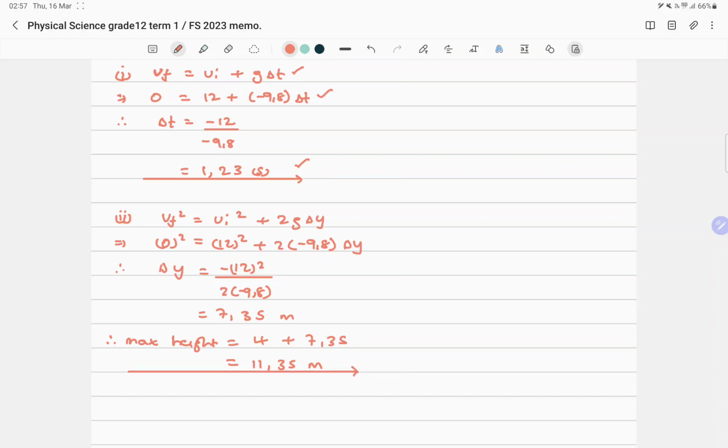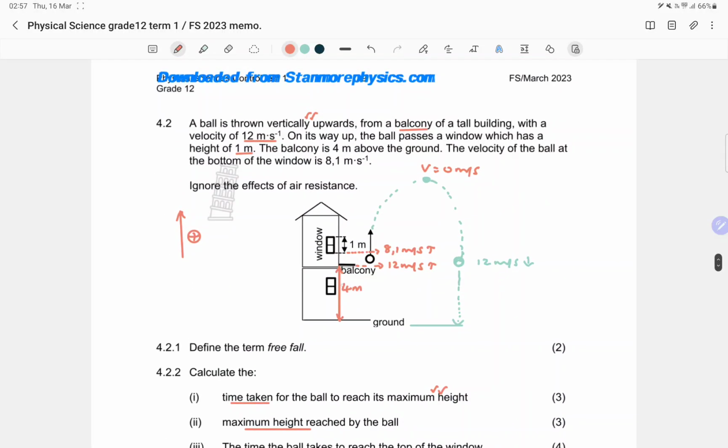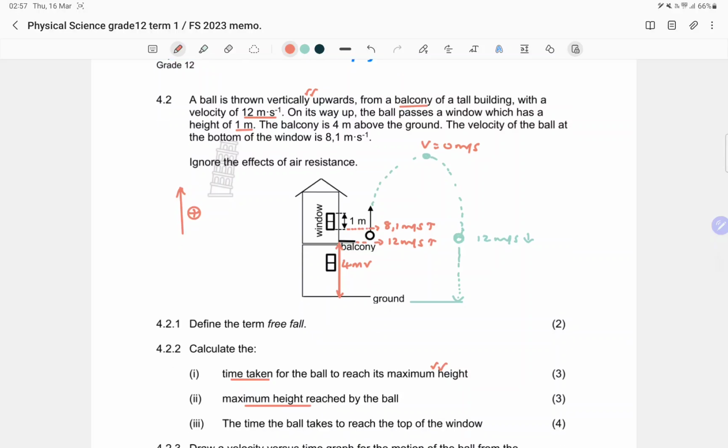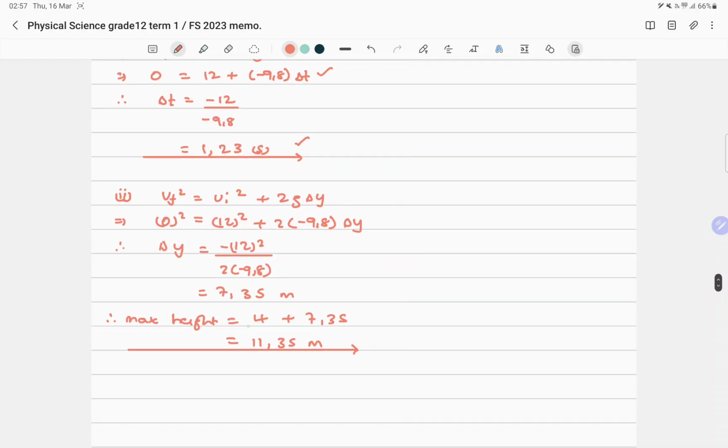It's a scalar quantity. So the maximum height, remember, you will always include this 4 meters. Don't forget it. Although we calculated from here up there, we need to include that because that is the highest height. So never forget to add this one. So formula, substitution, this answer over there.